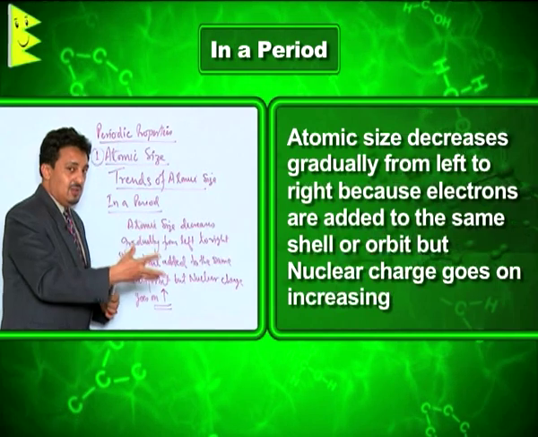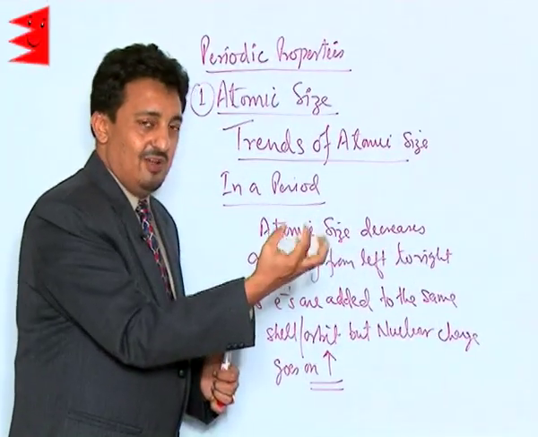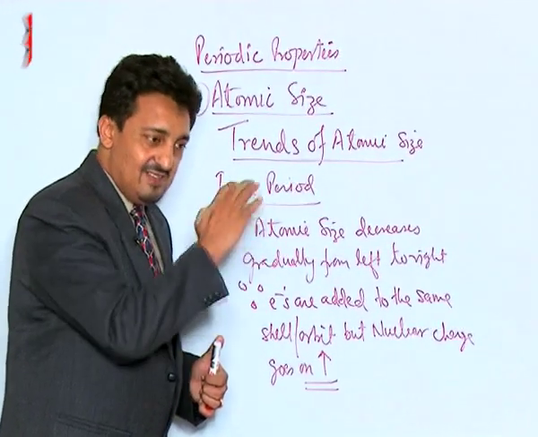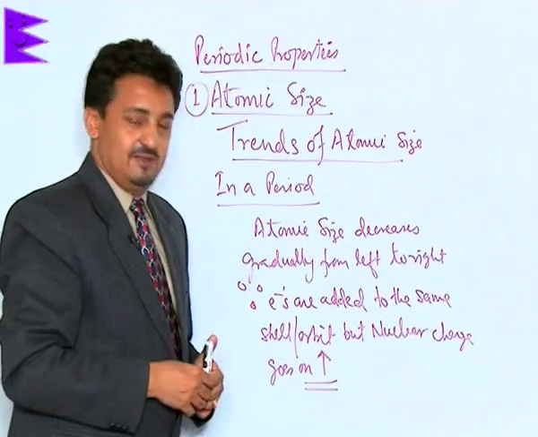This increase in the nuclear charge pulls the valence electrons with a greater force. As a result, the size continuously keeps on decreasing.